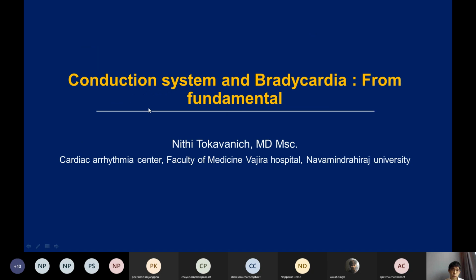Okay, the topic today is about the conduction system of the atrioventricular and the intraventricular conduction system. If the conduction system has some abnormalities, they would lead to bradycardia and bradyarrhythmic syndrome.